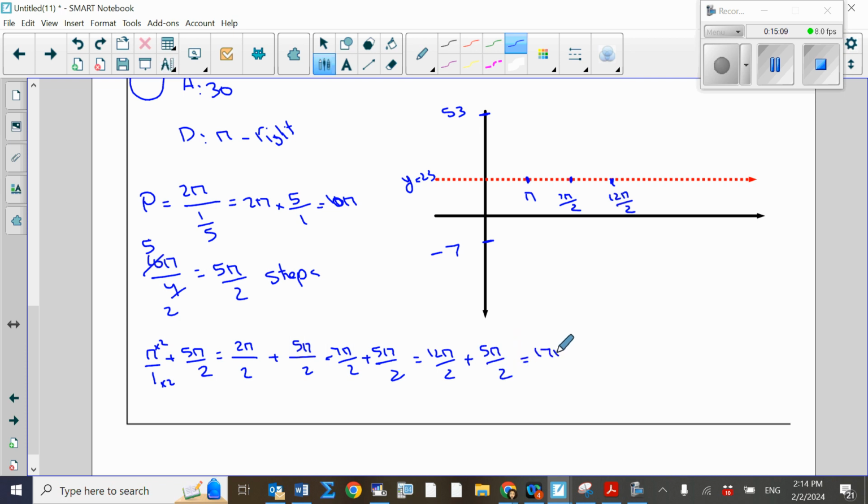That's 17 pi over 2. That's the next critical point, 17 pi over 2. And we need one more, plus another 5 pi over 2. That's going to be 21 pi over 2. Oh, I'm sorry, not 21. It's going to be 22 pi over 2.